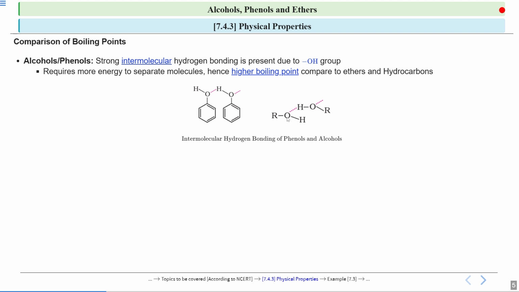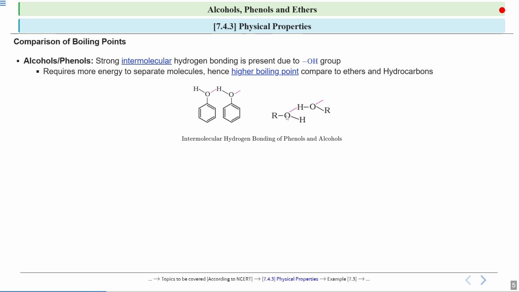Now look at the cursor on the screen. This oxygen has a partial negative charge and this hydrogen has a partial positive charge. So the charges are different. When the charges are different, they attract each other. So this oxygen will take the electron density from this hydrogen. That is this oxygen and hydrogen bond which you can see, this is the hydrogen bonding.